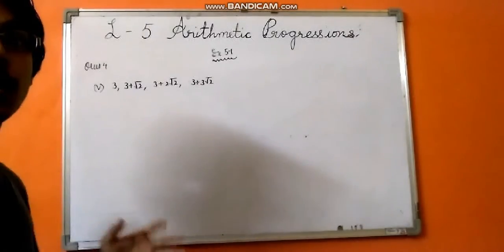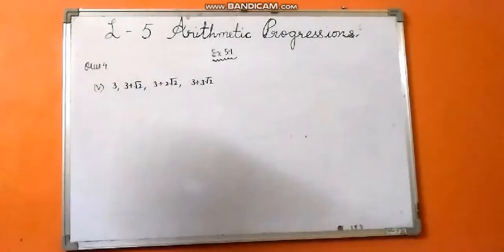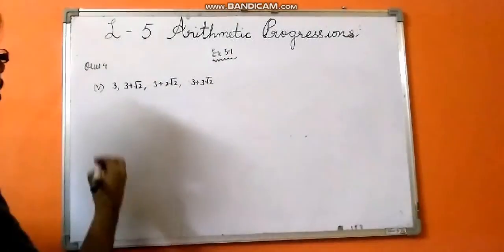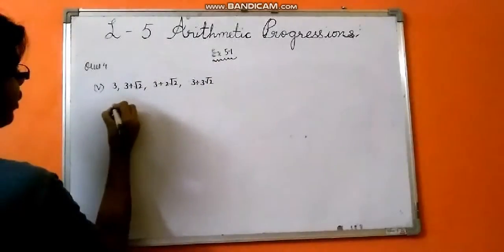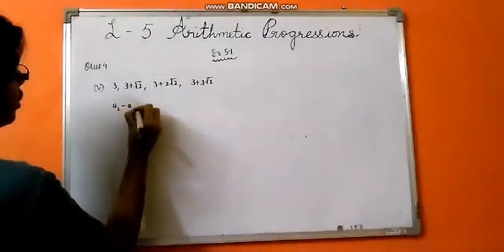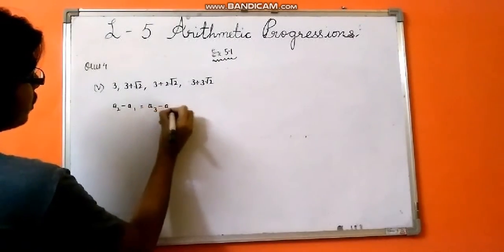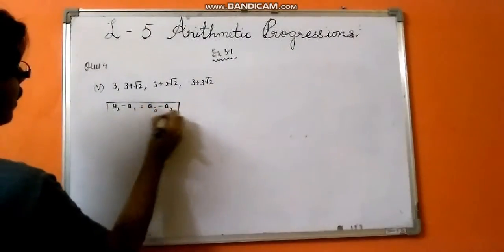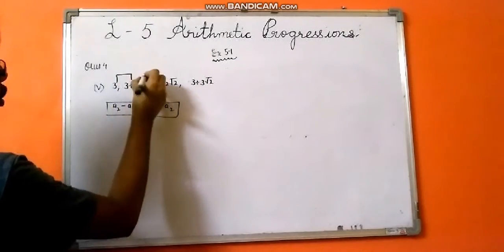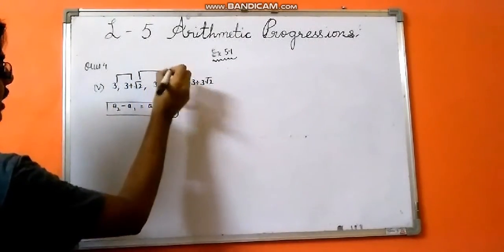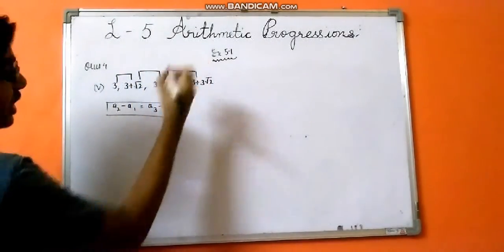Now this particular question is a different question, so let us have a look at this. First let us find whether it is an AP or not. To find that, A2 minus A1 should be equal to A3 minus A2. You would have understood this by now, that the difference between these two should be equal to the difference between these two, which should be equal to the difference between these two.